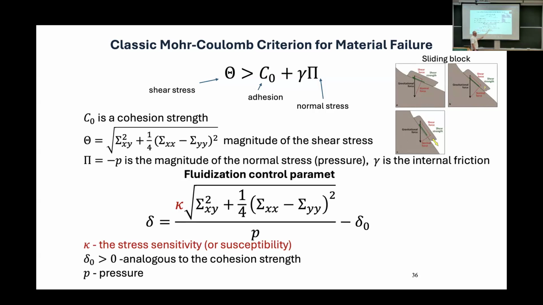The normal stress in our notation is P, but P is not arbitrary; it is determined by the boundary conditions. The parameter delta naught describes the analog of cohesive strength. This is a parameter which couples the dynamics of the order parameter to the mechanical stresses.